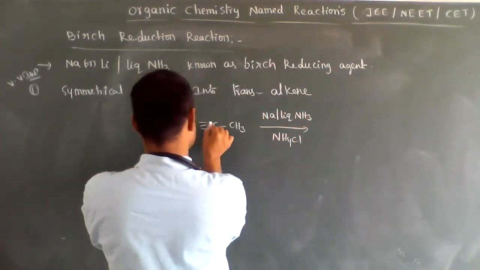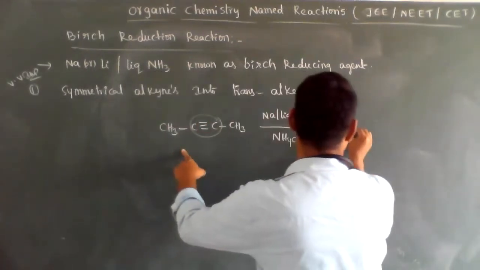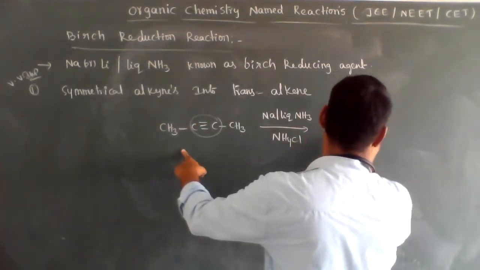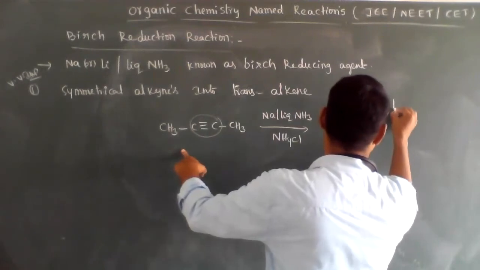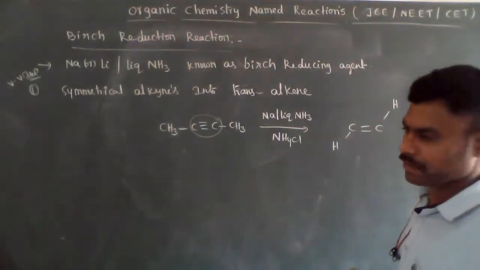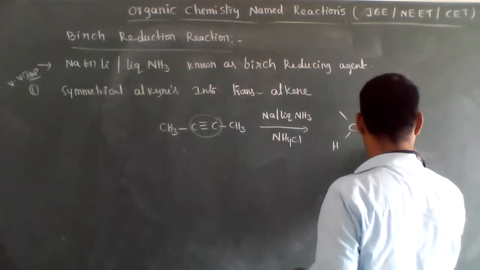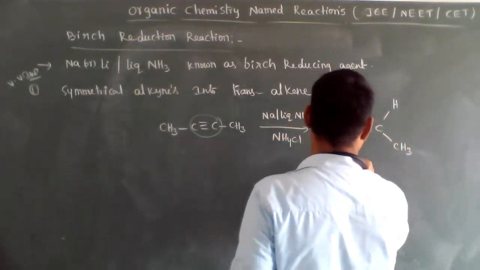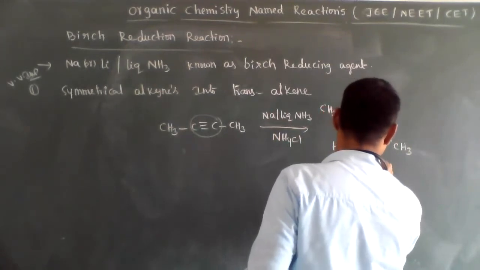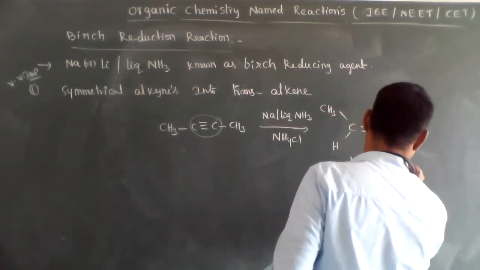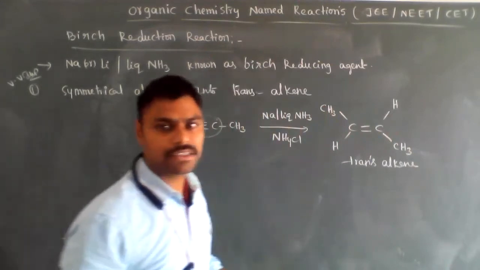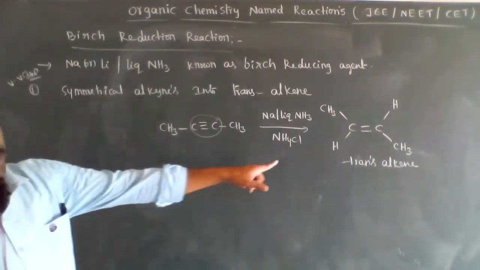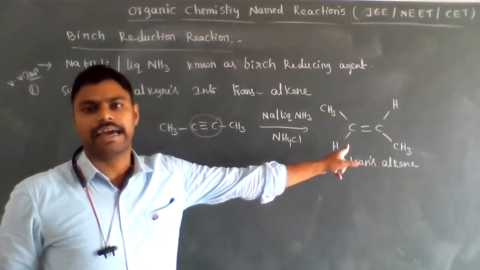Then this triple bond is converted into a double bond. The two hydrogen atoms add on opposite sides, and we get trans alkene, trans-2-butene.